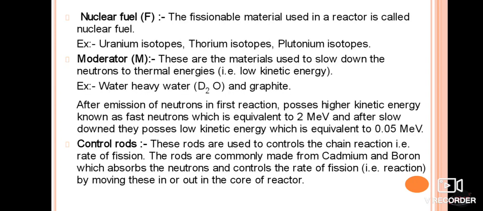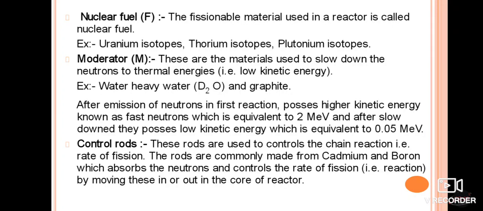So in this case, the control rods are used for controlling the rate of the reaction or rate of fission. The materials used here can readily absorb the neutrons. They can't absorb the neutron energy, but they will absorb the neutrons themselves.